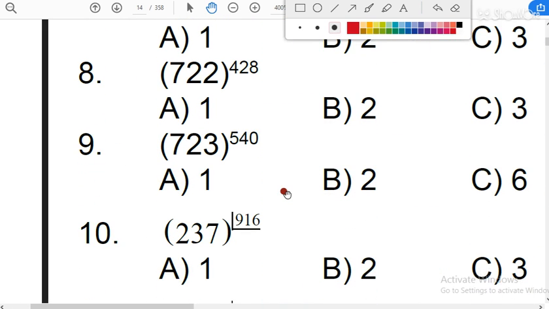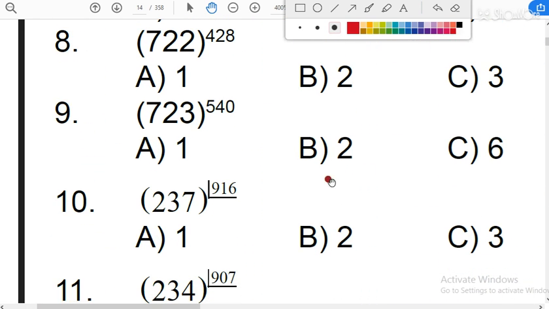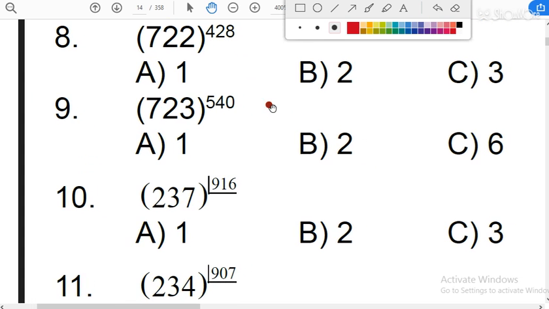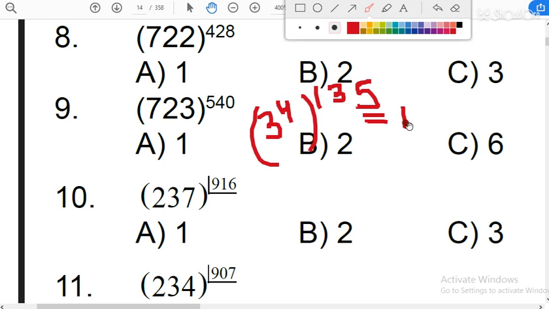In question number 9 you can see 723 raised to the power 540. So 3 raised to the power 4 is giving me the unit place 8. Now I have to divide 540: 4 1 is 4, 4 3 is 12, so 135. 3 raised to the power 4 raised to the power 135, that means 81 raised to the power 135.